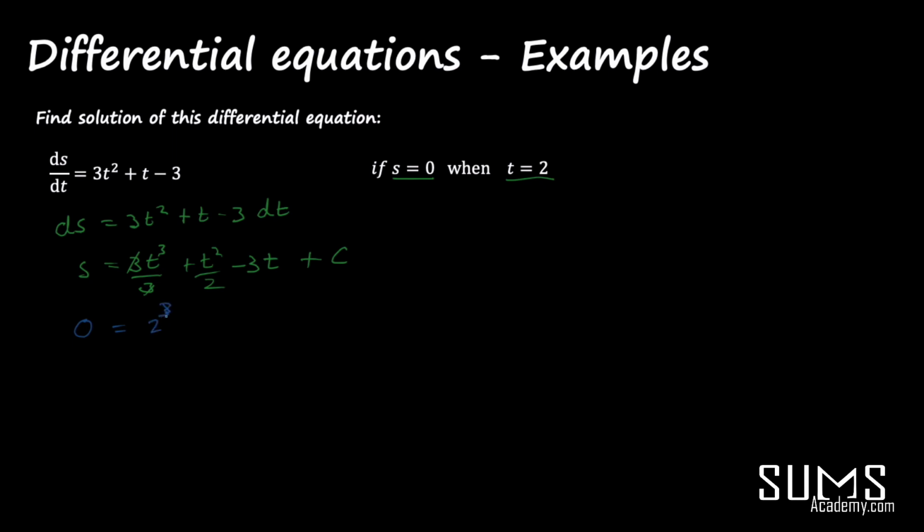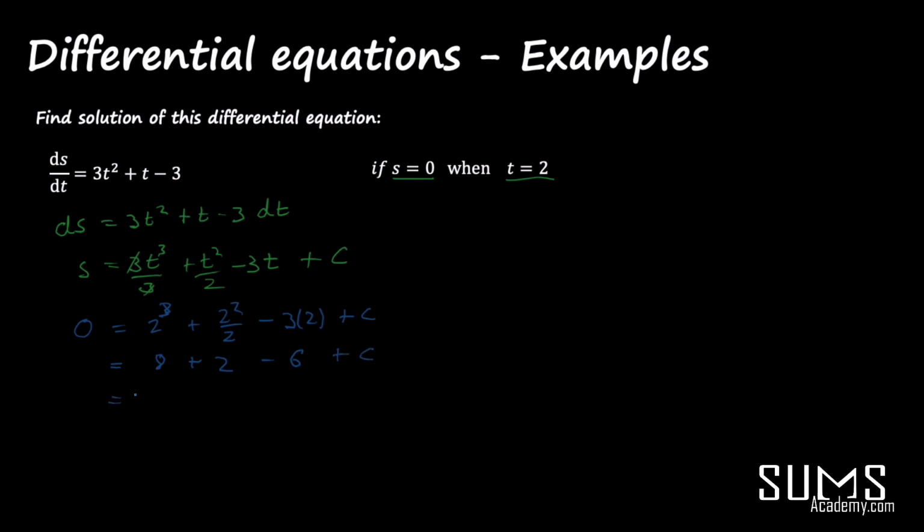So 2 cubed plus 2 squared over 2 minus 3 times 2 plus c. This is going to be equal to 8 plus, that'd be 4 over 2, so that'd be 2, minus 6 plus c.